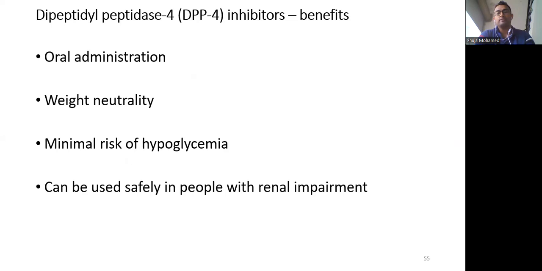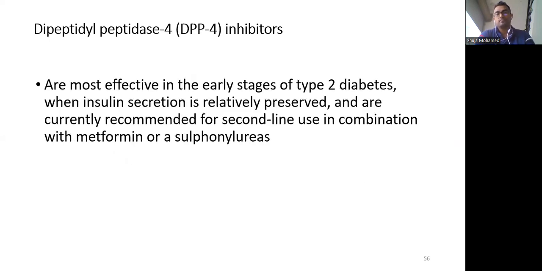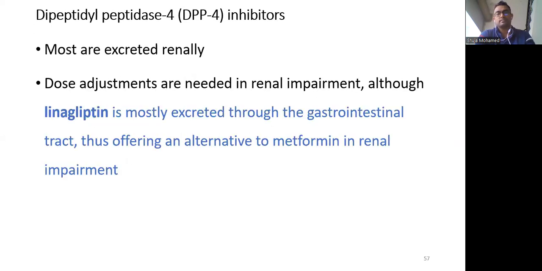Most are excreted renally, so dose adjustments are needed in renal impairment. Although linagliptin is mostly excreted through the GI tract, you don't need to adjust the renal dose.